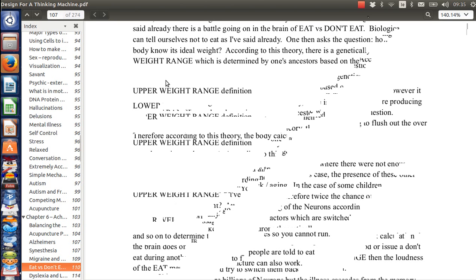There may be information to disprove this. But let's just say we have an upper weight range and a lower weight range. If we have an upper weight range which is way off the scale, then the brain will message the body, eat, eat, eat, and the person will eat, because it's a very high priority message. Unless one really has the ability to overwrite those messages. But a human being won't be able, according to this theory, to easily overwrite the message that says eat, because it's such a high priority message. In other words, a survival message.